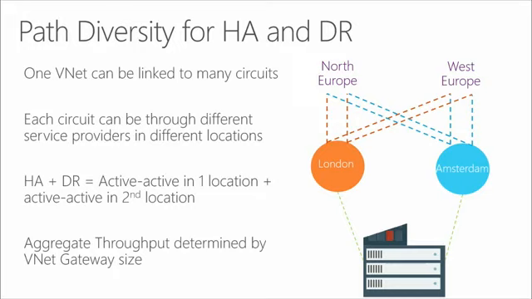So you can just use an active-active topology in one location or active-active also in the second location. So it really provides you a very flexible way to access resources in Azure data centers, and also it's an easy way to create an HA and DR possible environment for your resources.